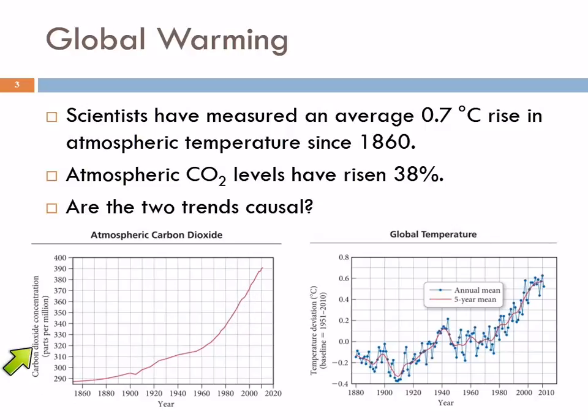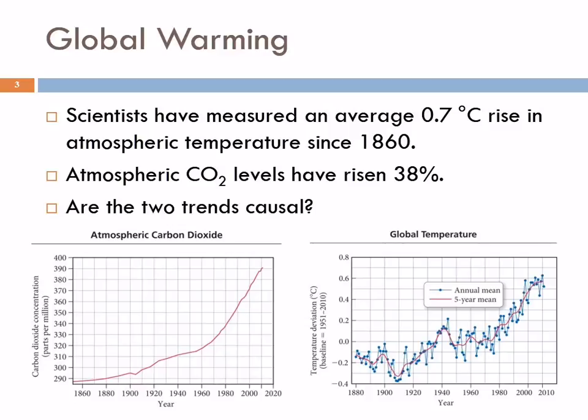This is carbon dioxide concentration in parts per million, going from 290 to 400 parts per million. And here's the temperature variation, which also looks a bit alarming, but this is going from minus 0.4 to 0.8. So that's all of 1.2 degrees Celsius difference between the high and the low of that graph.